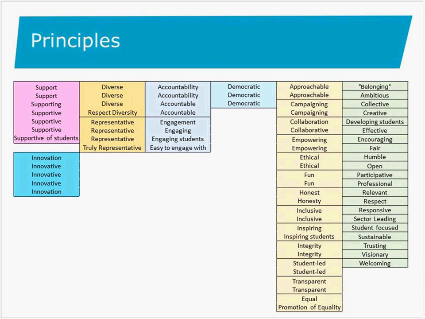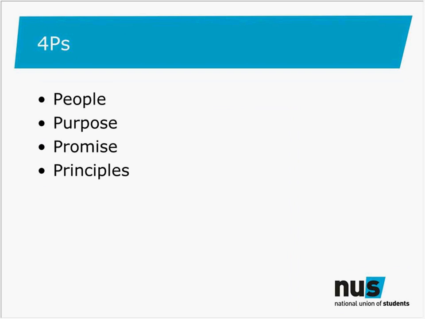Students actually vote on what values or principles they think the student union should have. I think that's a really good, positive, soft way of pushing your strategic plan. So, there are lots of examples of principles, and finally to refresh, we're talking about people, purpose, promise, and principles.